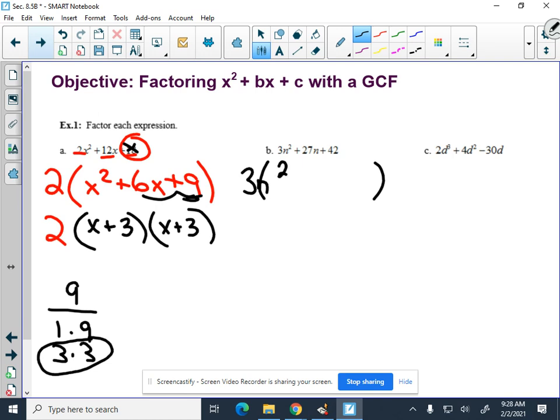We have inside n squared plus 9n plus what? 14. Good.